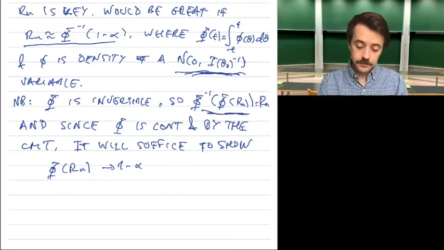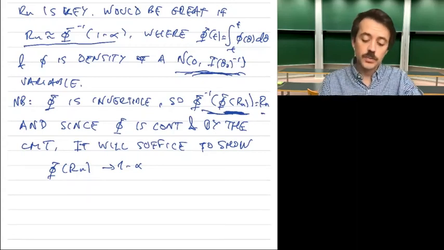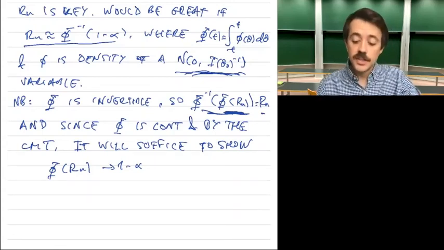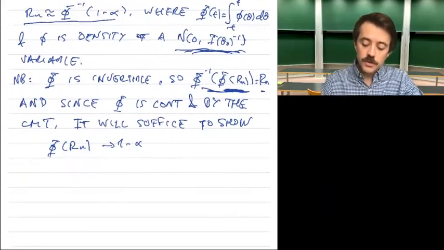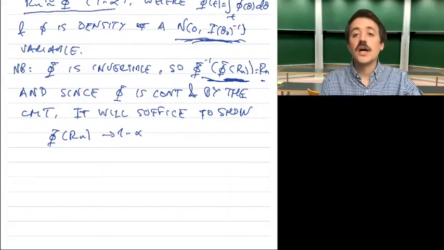So we can say therefore that this will converge to 1 minus alpha, and so this guy will be the right quantity, or it will converge to the Z alpha. Yeah, but I will talk about this sufficiency in a sec. So let's just assume that it is sufficient to show this, and let's show this.